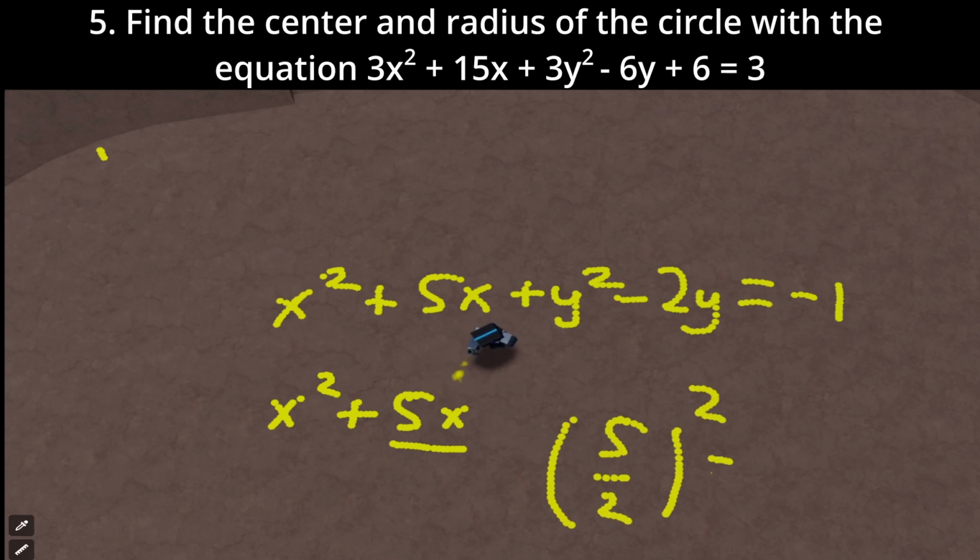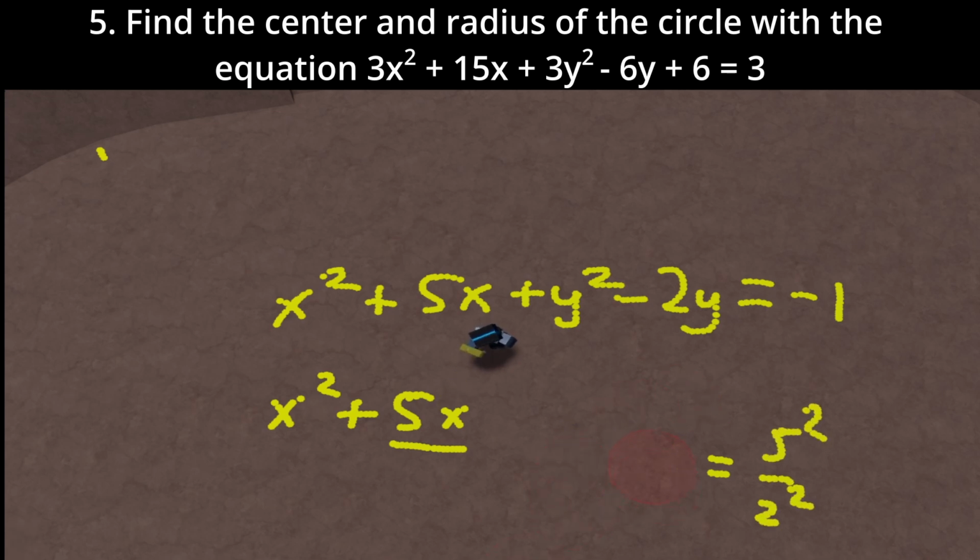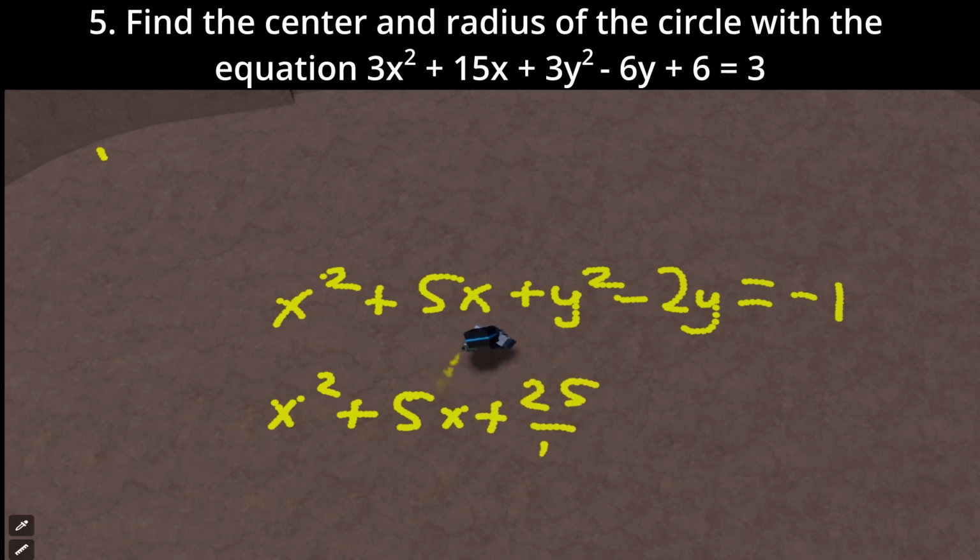If I do 5 over 2 squared, that's 5 squared over 2 squared, which is equal to 25 over 4. So the magic number to add to this expression is 25 over 4, and this will allow me to factor it nicely.